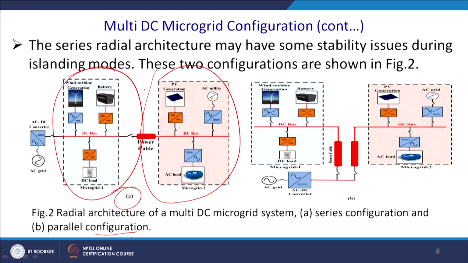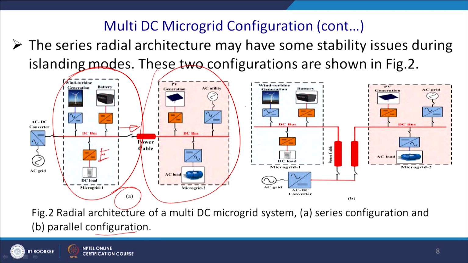They are connected by a series connection, but the problem is they are connected by a single line and the grid has a single point of entry. If there is a power surplus, let us say in the electrical department, you can send power to the mechanical department and vice versa.